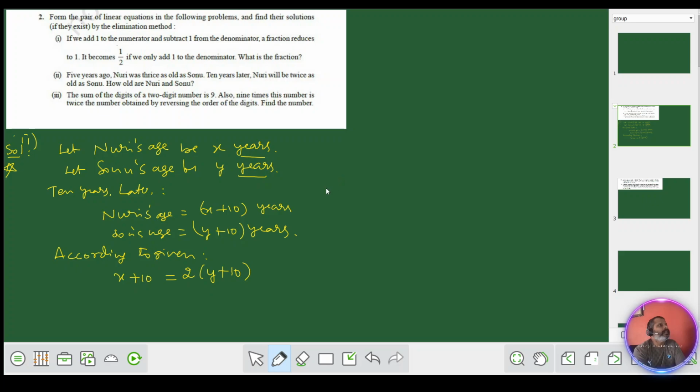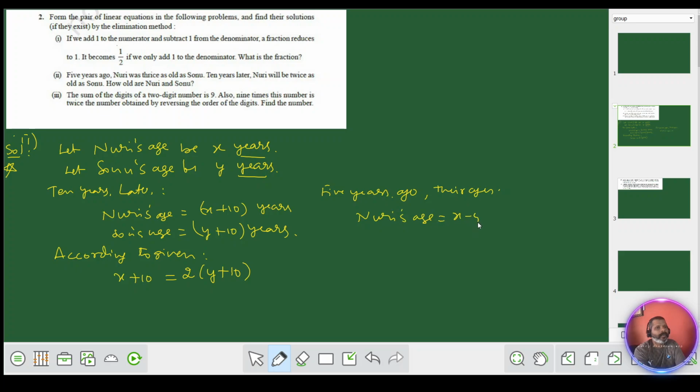So see, 5 years ago, Nuri was thrice as old as Sonu. So 5 years ago, their ages, you have to define again.